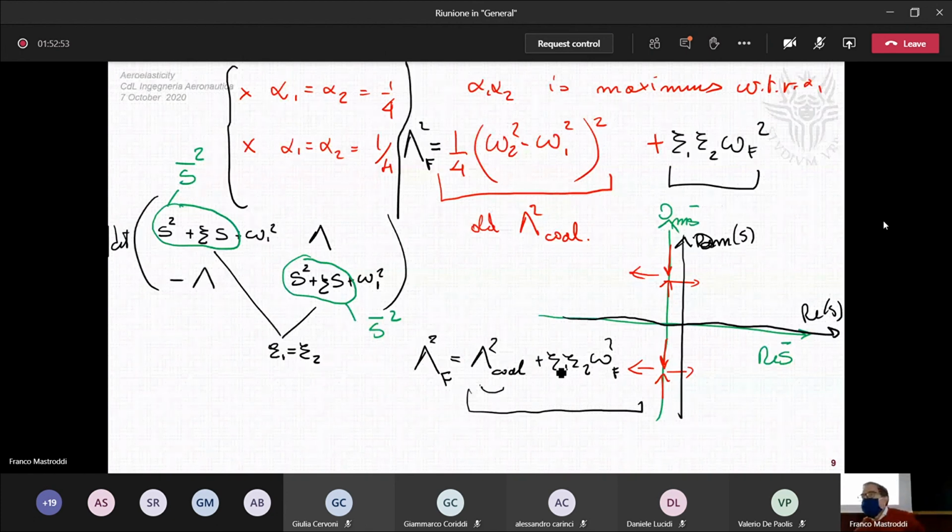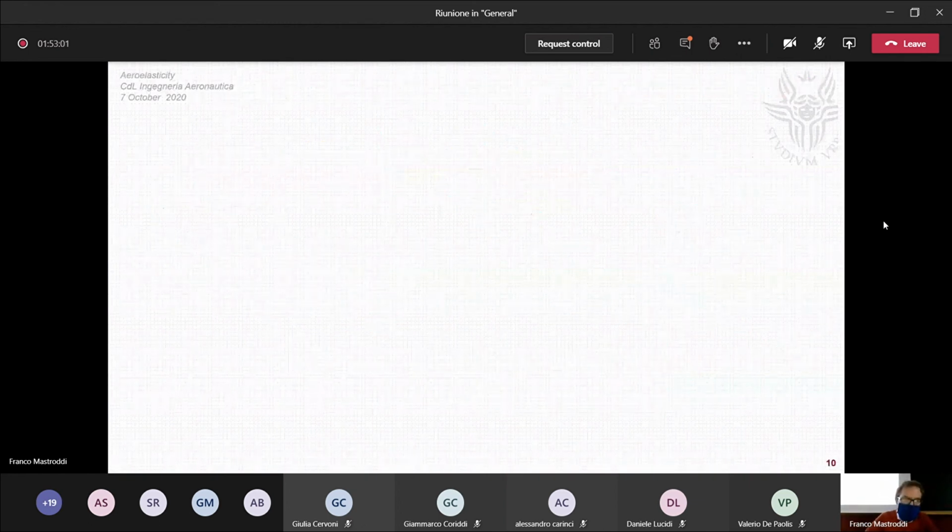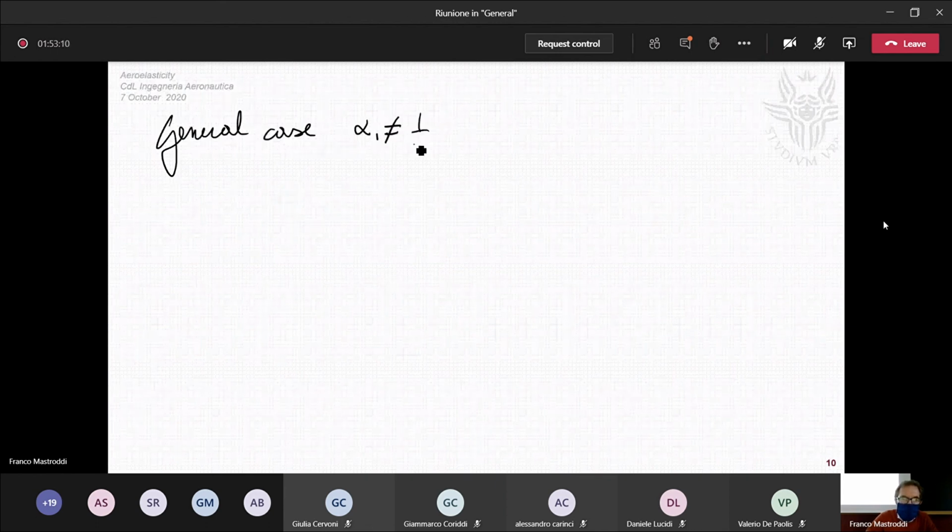The very final comment is what happens in the general case. The general case is when alpha is not 1/2.